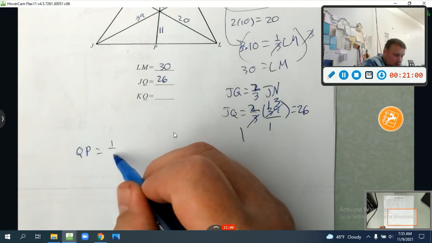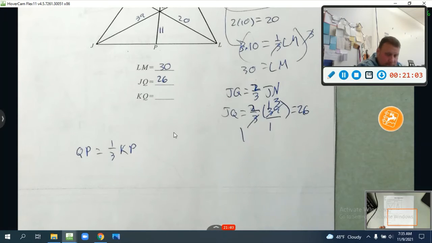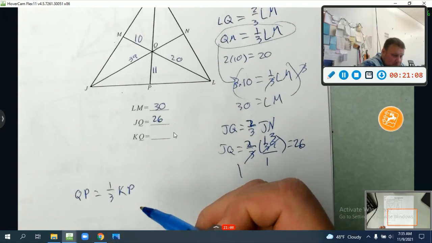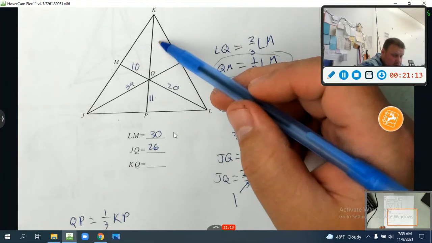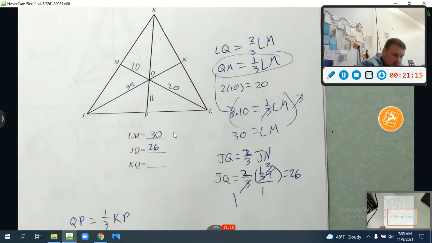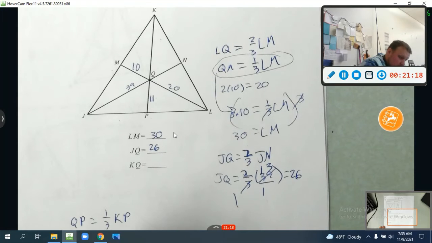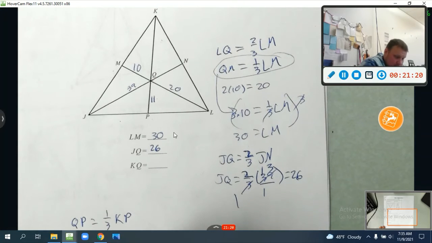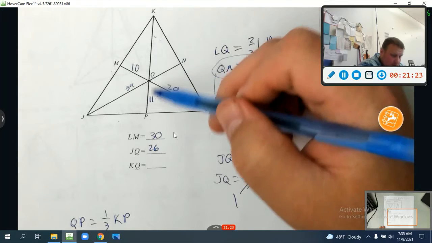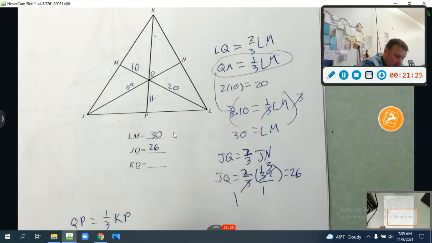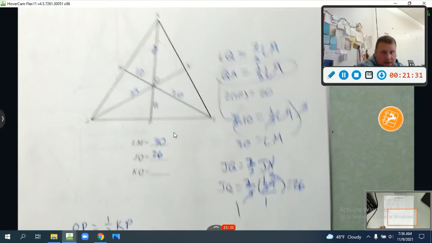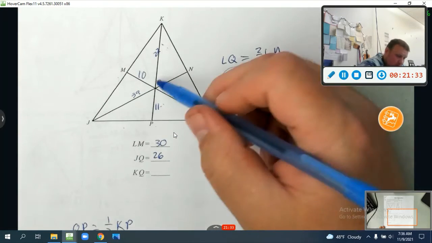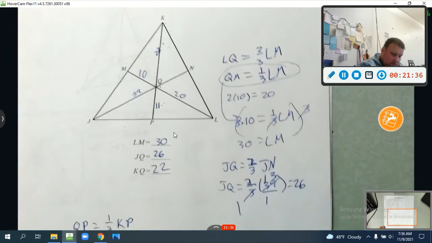QP equals 1/3 of KP, right? So if I know that's 1/3, then this is 2/3, because KQ is 2/3 of KP. So that's going to have 2 of these 11s. What's 2 times 11? 2 times 11 equals 22. So that's just 22. Together they make 33, but we just want that little section right there, so that's 22.